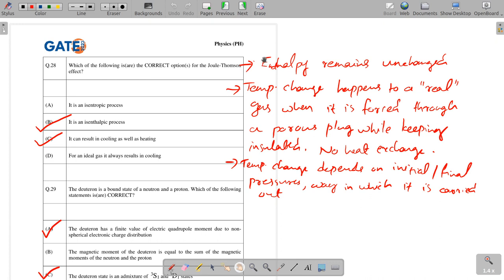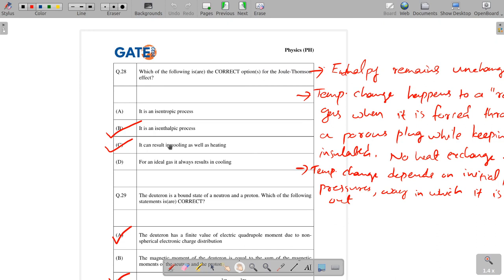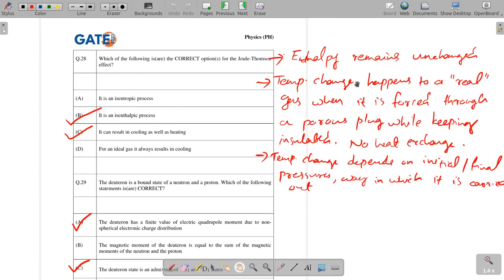Enthalpy is more than just heat energy. So the enthalpy will remain unchanged under the Joule-Thomson effect, and the temperature change depends on how much you pressurize the gas and on the details of the system. So it can result in cooling as well as heating. For an ideal gas, I did not see it; the effect is seen for real gases. Whether an ideal gas shows the Joule-Thomson effect is something I don't know. The right answers are anyway, if you check the answer key, B and C.